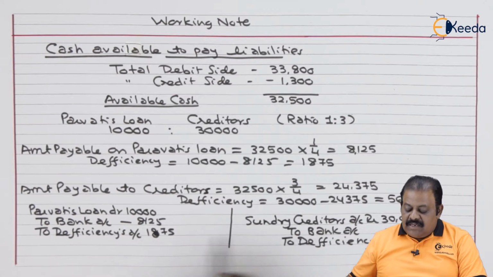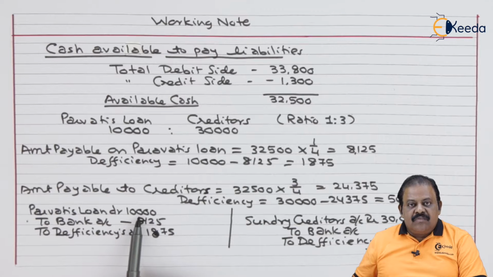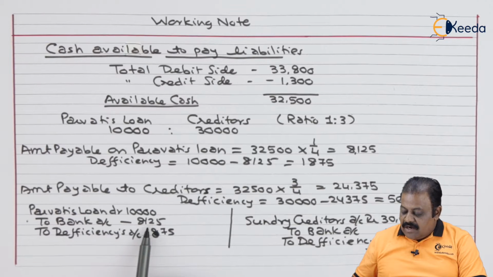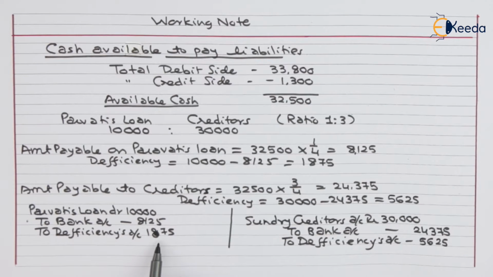We can understand the journal entries. Parvati's loan account debit 10,000, amount due. To bank account 8,125, actual amount paid. To deficiencies account 1,875, amount remaining unpaid. Sundry creditors account debit 30,000 for amount due.